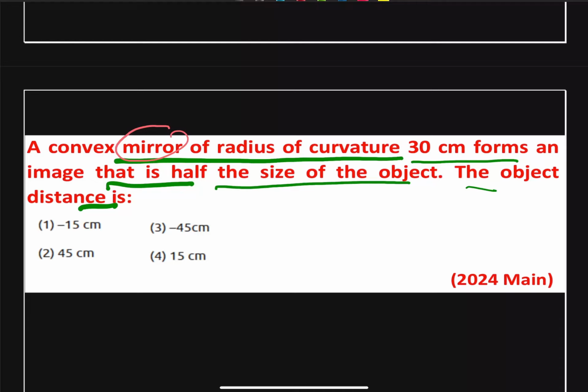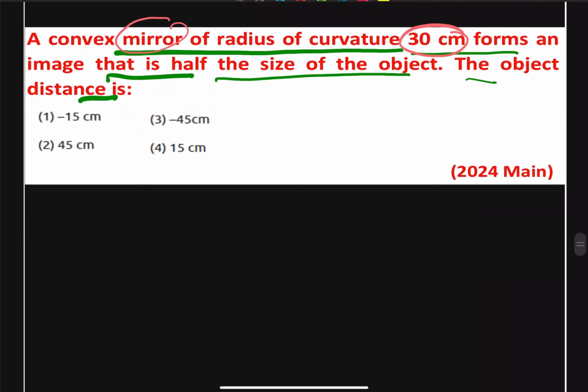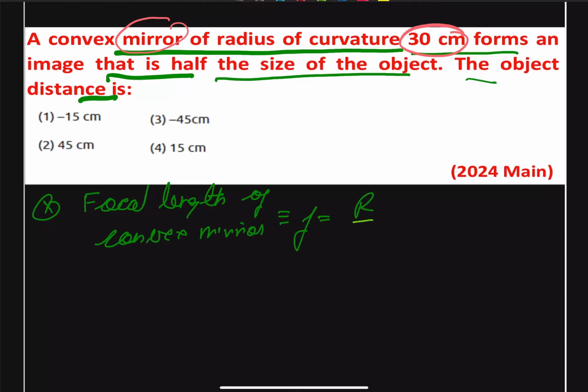Okay. So magnification, first of all, we are given a radius of curvature. From here we can find out the focal length. So we can say the focal length of the convex mirror, given as f, will be equal to r by 2, and that comes as 15 centimeters.